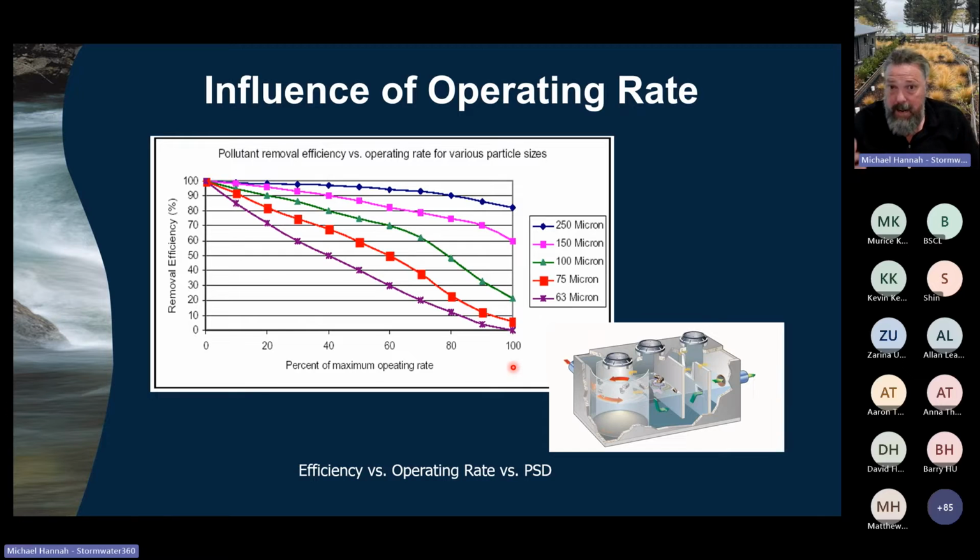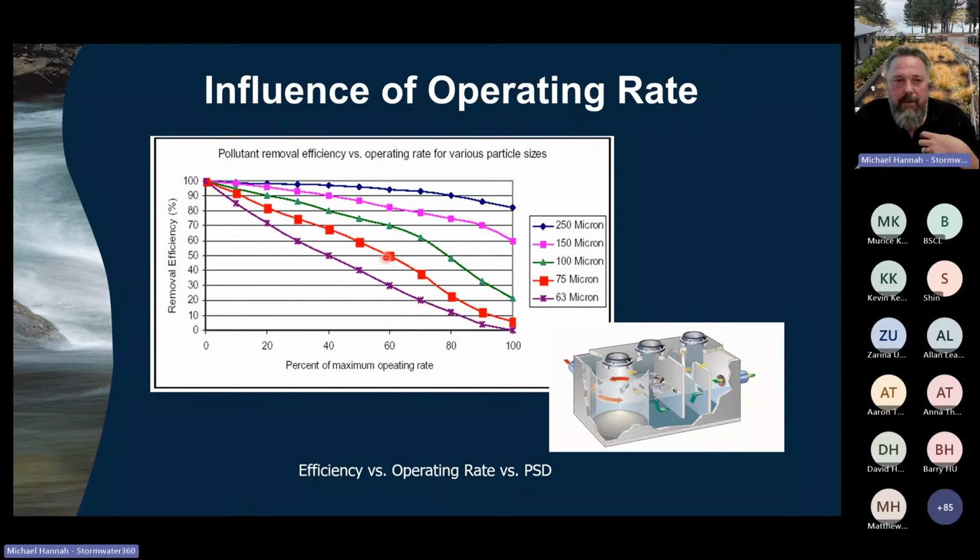This is some lab data from Vortex GPT, and say the device works at 10 litres a second. This is working at, say, 2 litres a second, 4 litres a second, 8 litres a second. Depending on the size of the particles we're looking at and the operating rate, there will be a different removal rate. So if we think of 75% as normal, this device really has a treatable flow rate of, if we're trying to get 50%, probably 6 litres a second.